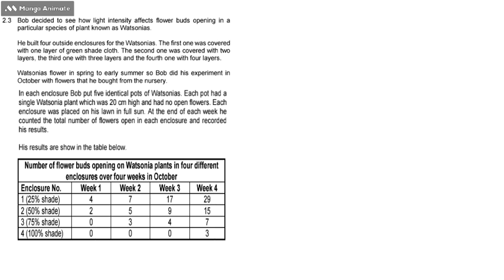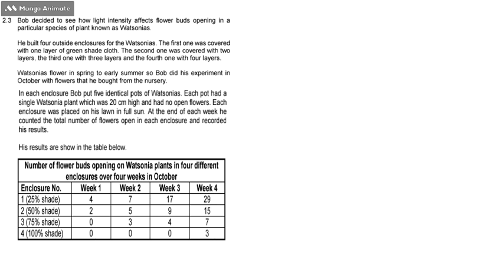So you can see that the plant which had 100% shade only managed to have 3 buds opening. In week 4, only 3 opened, but in weeks 1, 2, 3, none of the buds opened. As well as when you look at the one which had 75%, it had only 4 buds opening in week 3 and 7 in week 4.